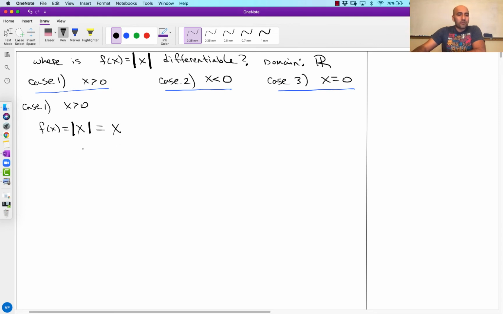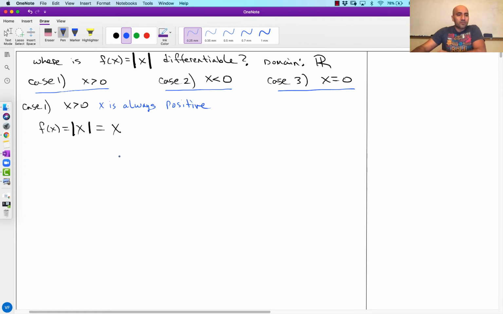That's what happens when we input a positive number. Strictly greater than 0 means that x is always positive. So if we're sticking just to the cases where we input a positive number, it doesn't really make a difference at all. It's just going to be x.